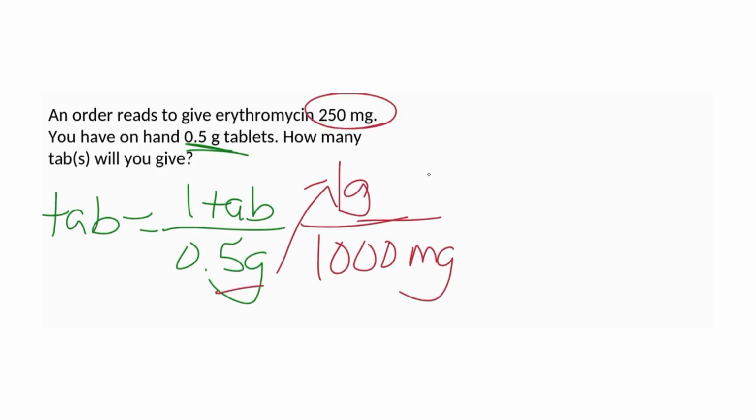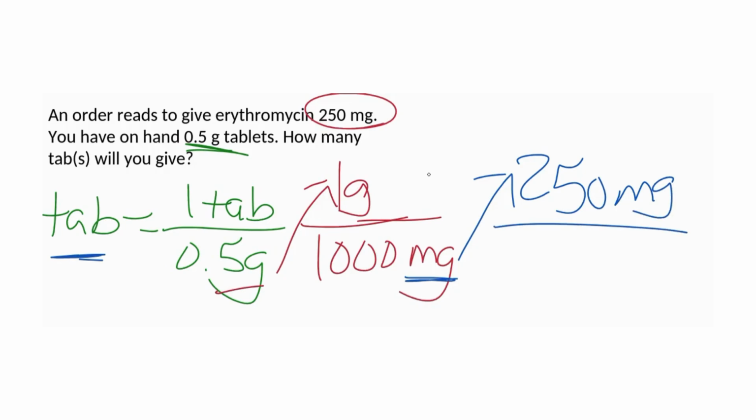So now our grams can cancel out, and our milligram now is in the denominator, and we can get it to cancel out because we want to get to tab, remember? So we need to cancel out milligrams, so we're going to keep going, and we're going to get our milligrams on top, which we'll use from our problem, 250 milligram.